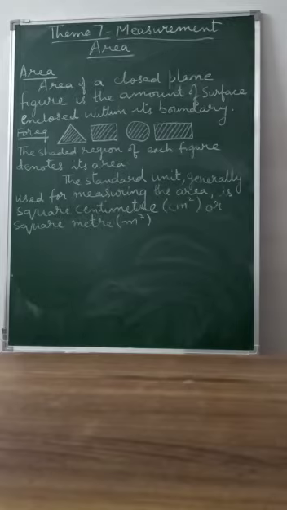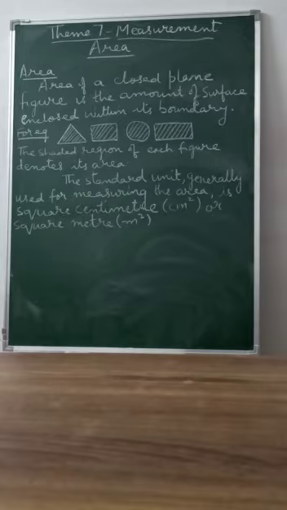Okay, now like we measure perimeter, you have already seen that when we were doing the perimeter questions, we were writing a certain unit with the perimeter. We were writing centimeter or meter. The same way, area also has a standard unit, which is centimeter square or meter square.